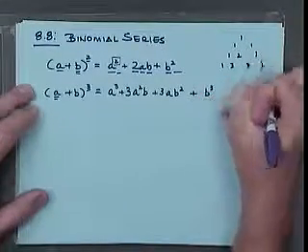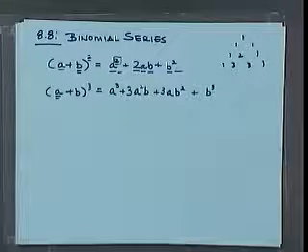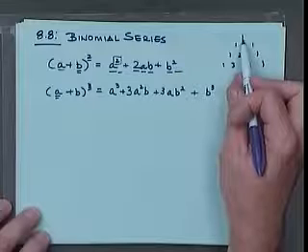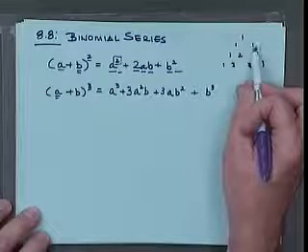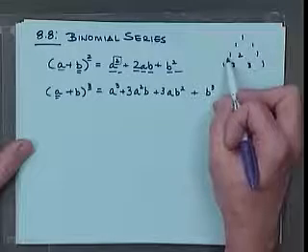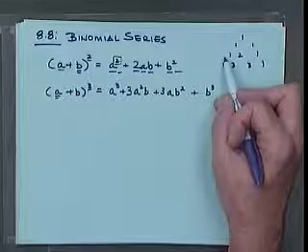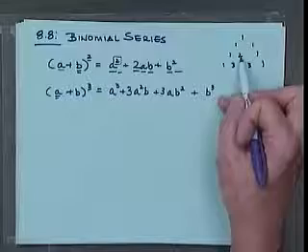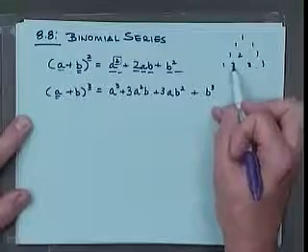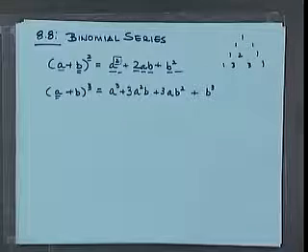So these can be determined. Probably the first way you did this was Pascal's triangle. This would be the coefficients of a binomial to the 0. Here's the coefficients of a binomial to the first, 1a plus 1b. Here's a binomial squared, 1a squared plus 2ab plus 1b squared. Here's a binomial cubed, 1, 3, 3, 1, and you can work your way down.